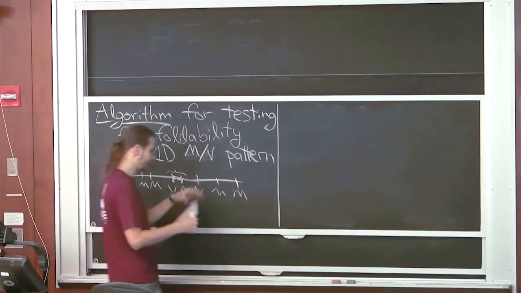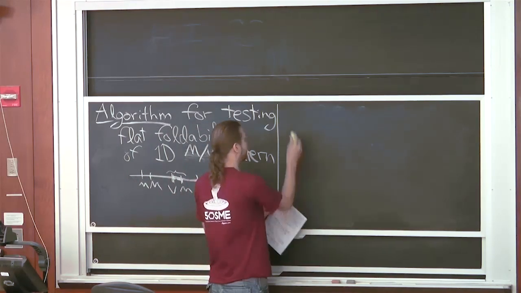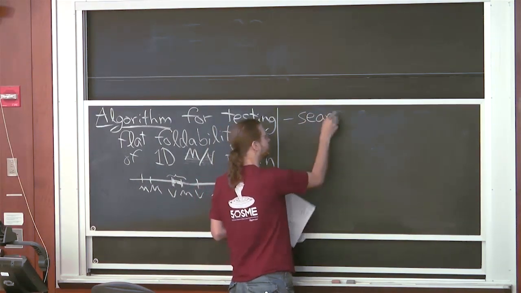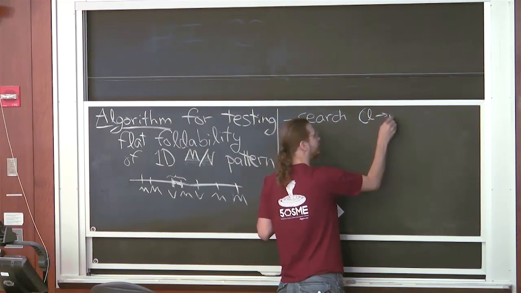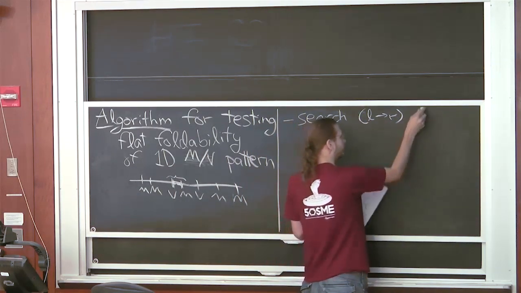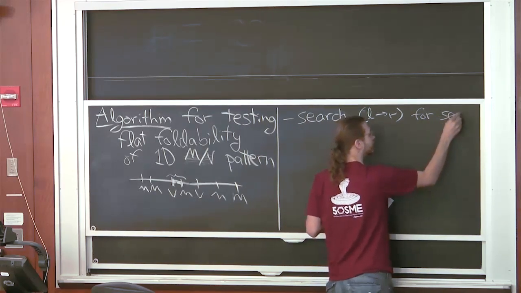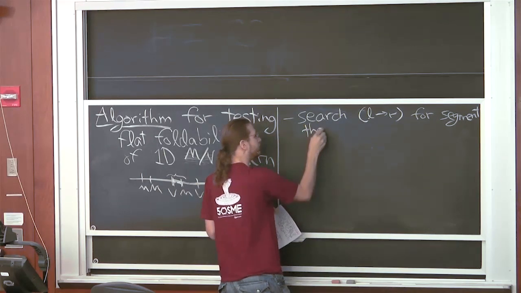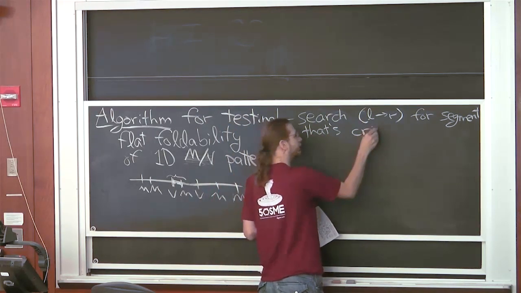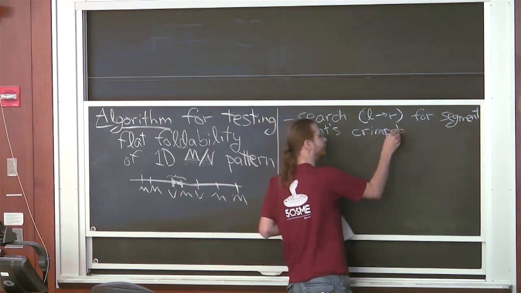So that's the basic algorithm, but what I do after that is going to be a little bit different. I want to search left to right for a segment that's either crimpable or n-foldable.